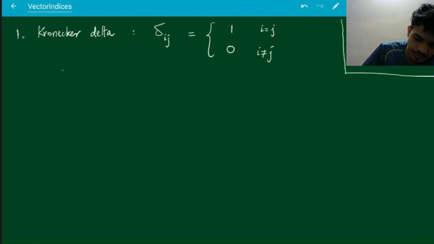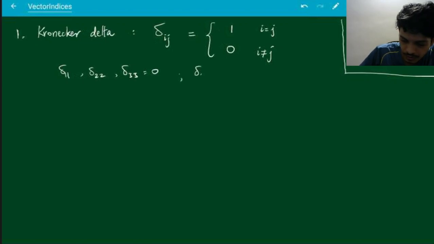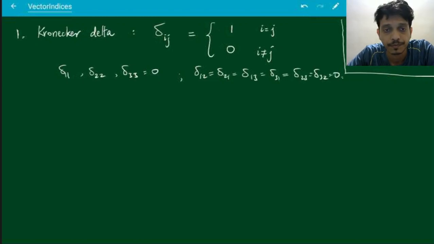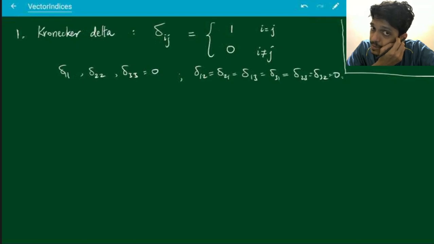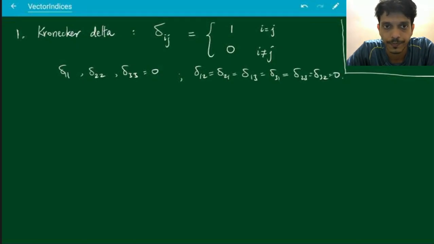So in other words, delta 1 1, delta 2 2 and delta 3 3 are 1, and all the other ones, so 1 2, 2 1, 1 3, 3 1, 2 3, 3 2, these are all 0. So basically the two indices have to be the same, only then it is 1.